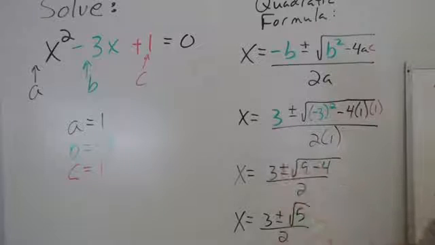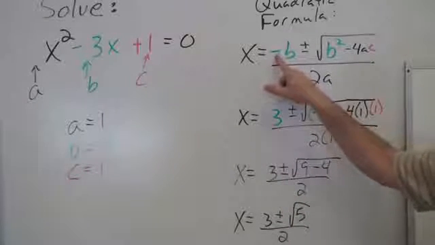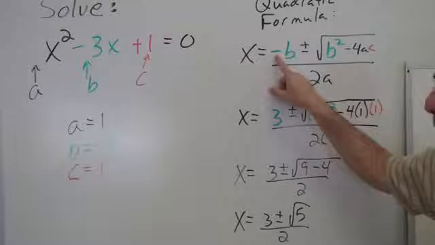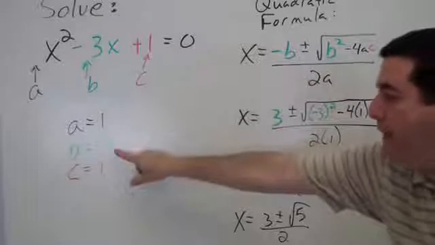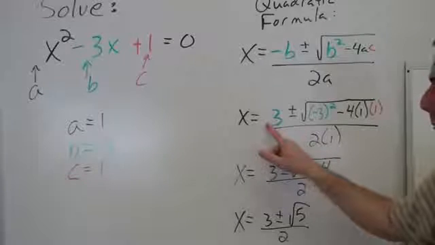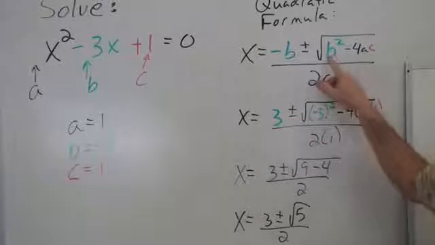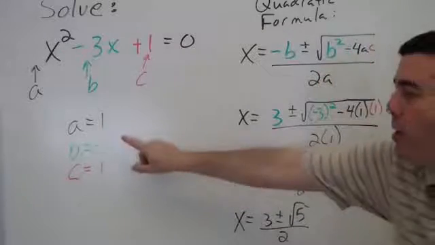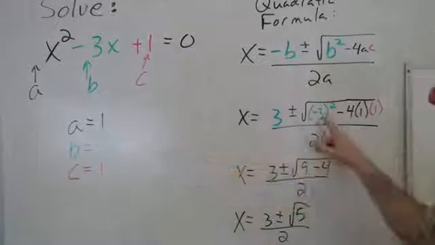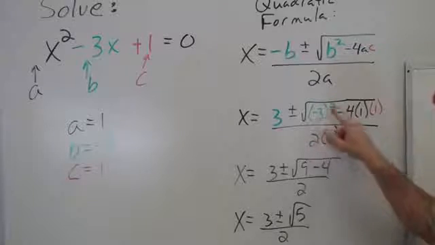Now, as we substitute into our formula, it tells us do the opposite of b. What is the opposite of negative 3? It's positive 3. Plus or minus the square root of, take b and square it. When you take negative 3 and you square it, that would go here.